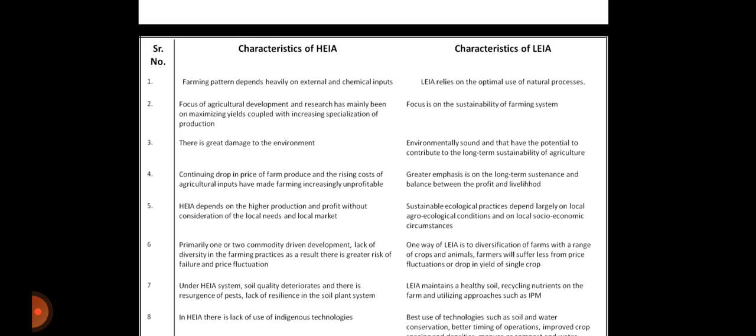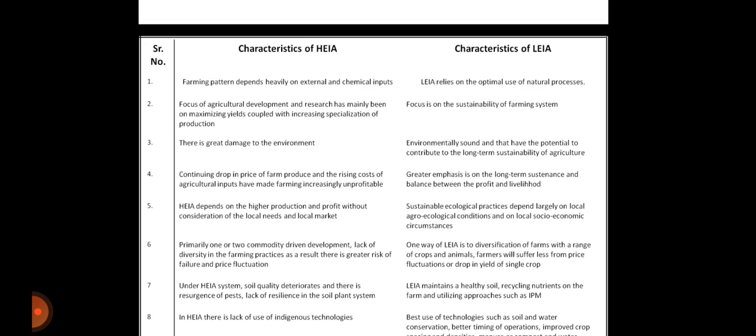It uses sustainable ecological practices and depends largely on local agroecological conditions and on local socio-economic circumstances. Sixth one, primarily commodity-driven development and lack of diversity in farming practices. As a result, there is greater risk of failure and price fluctuation.